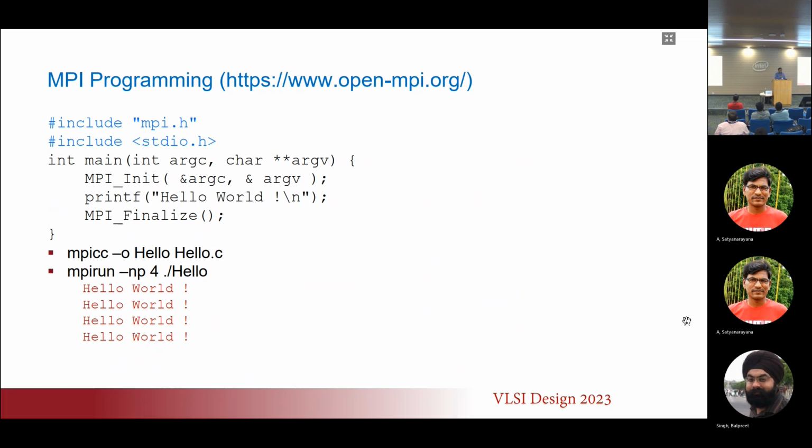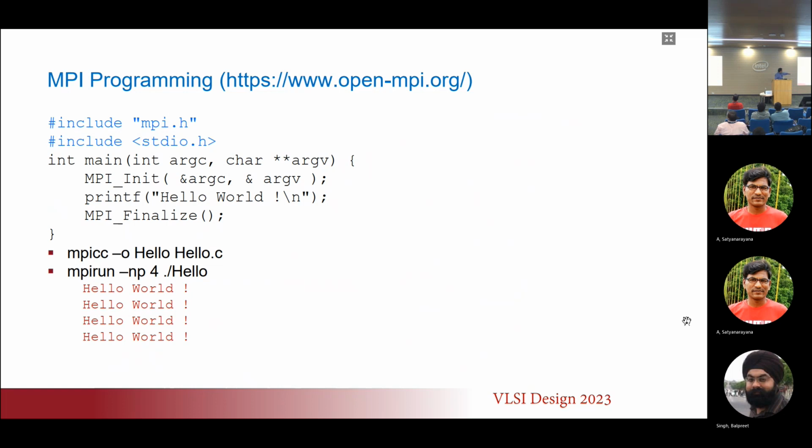The way you're going to run that code: normally, if it's not an MPI code, you just call the program with GCC and compile it and produce a.out or whatever, and then you execute that a.out. In this case, you just say mpicc -o and you compile that and produce a program called hello.